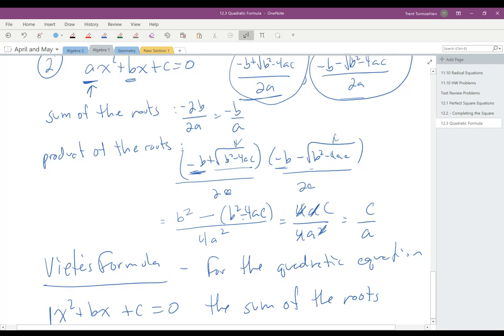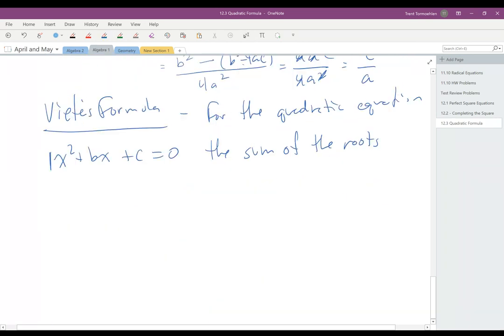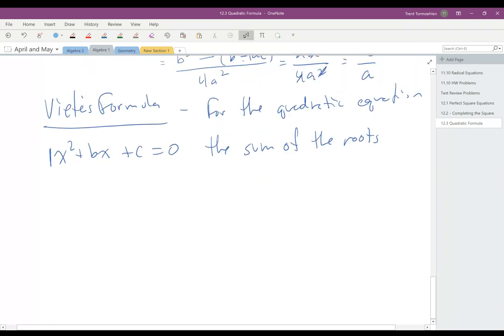And so if the sum of the roots was negative b over a, for our actual formula, we're going to say the sum of the roots is negative b, and the product of the roots is c.